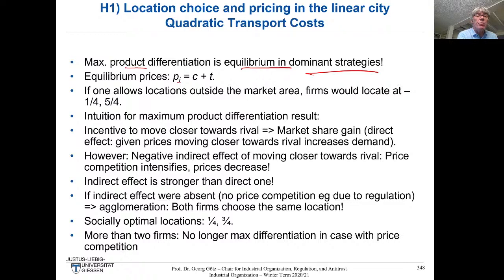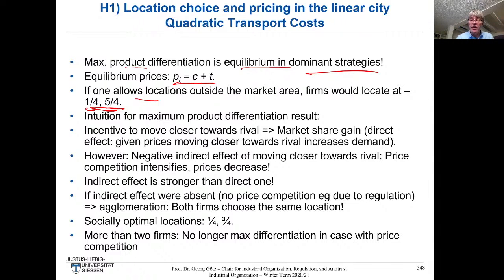The equilibrium price is of course then the same as what we had in the linear transport cost case here. And what is interesting, of course, if we allow locations outside the market area, so they are located outside the city somewhere in the prairie or whatever it is, they would locate not at minus infinity and infinity, but at -1/4 and 5/4.